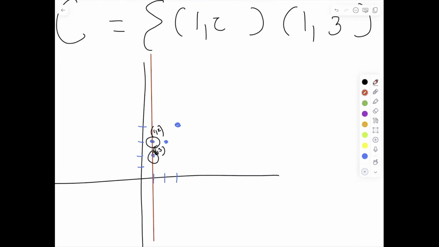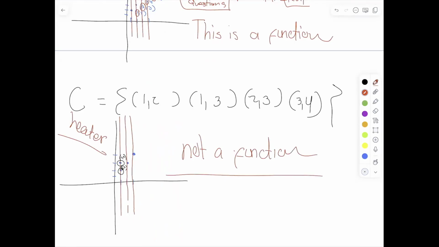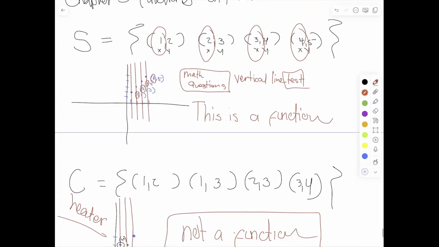This is not a function because the value of X is being touched twice. This is a cheater, not a function. Are we understanding the concept? Yeah. This is safe.